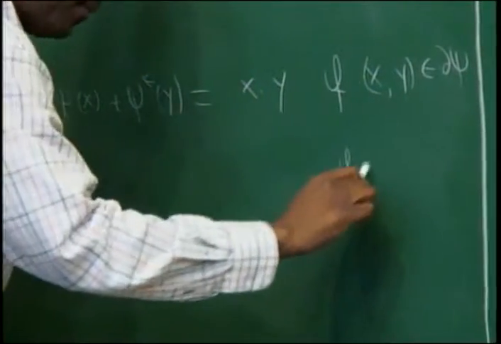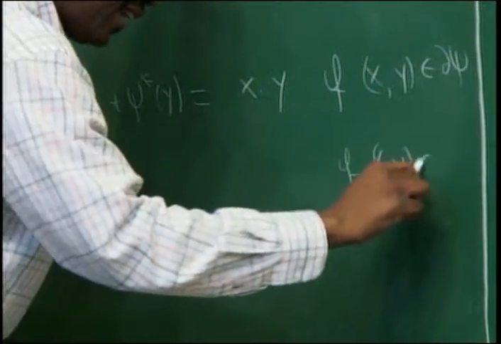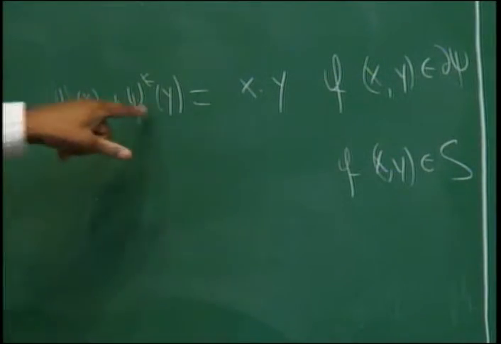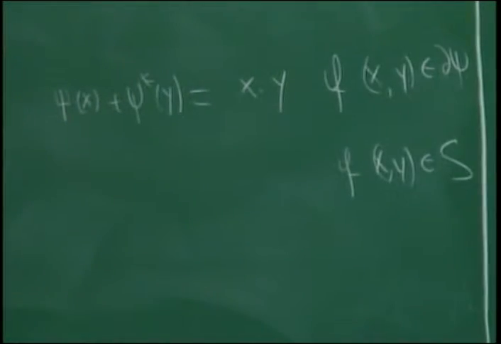And so if (x, y) is in S, since it is in the subdifferential, phi of x plus phi star of y is x inner product y. So this reminds you of the equality which appears in the duality: u of x plus v of y equal to c of x, y, for every x there exists y such that u of x plus v of y is c of x, y.